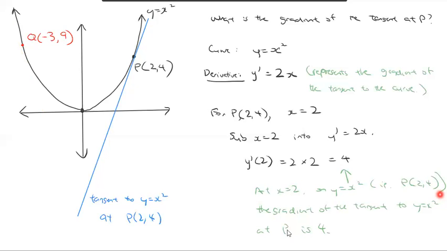I just want you to try it by yourself. So imagine this is Q (-3, 9). I'll leave this on the board so you can refer to it. When you're done, let me know.